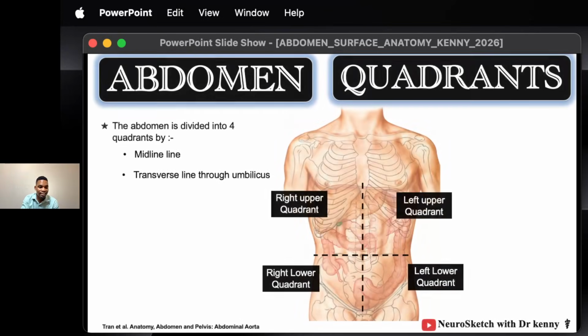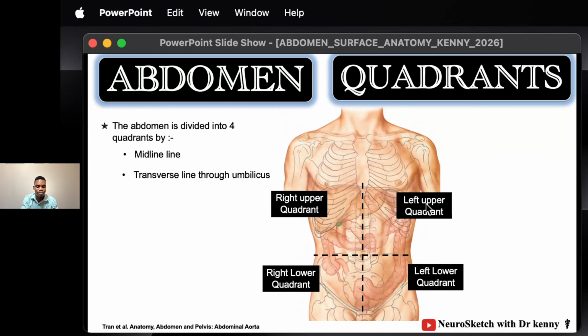Next, let's see the quadrants of the abdomen. The abdomen is divided into 4 equal quadrants. The word quad means 4, and it is divided by 2 lines. The first line is vertical, the midline, passing all the way from the xiphoid process through the umbilicus to the pubic symphysis.